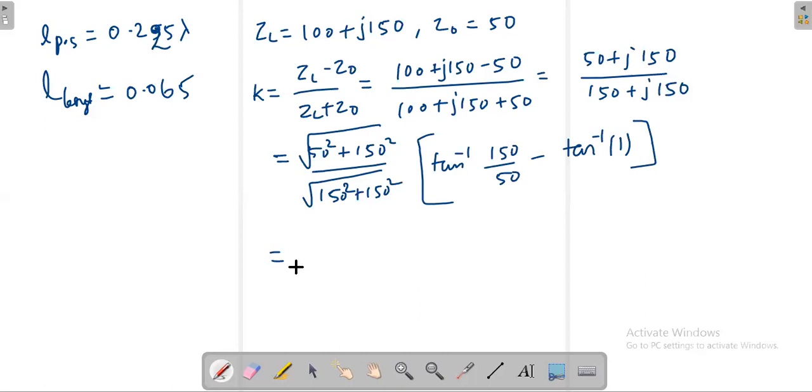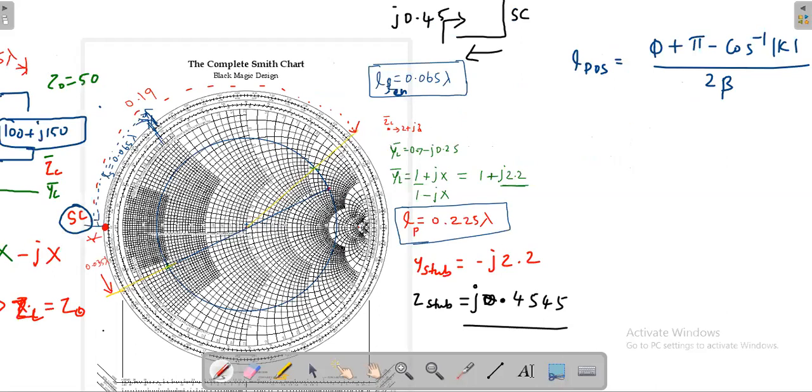Please others also calculate, because if there is some error, then everything will be wrong. 0.745, sir. K equal to 0.745. Okay, we'll quickly see whether that is correct or not.